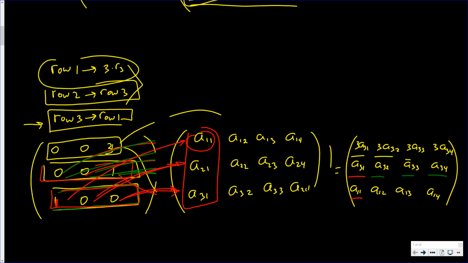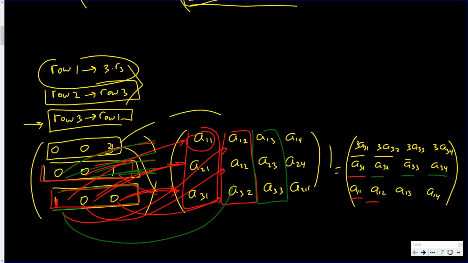Same thing with column number 2. I get A12 plus 0 plus 0, A12. Third column, I get 1 times A13, which is A13, plus zeros.